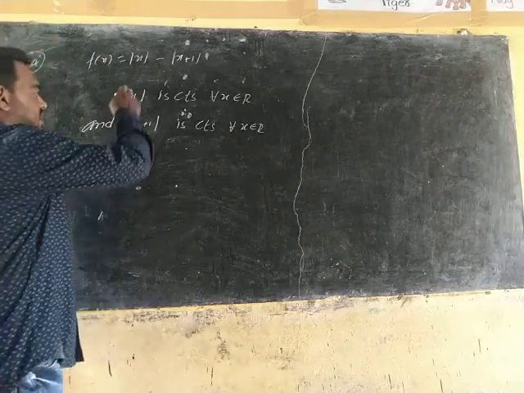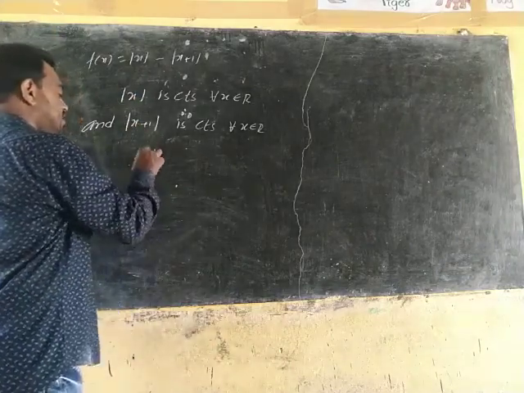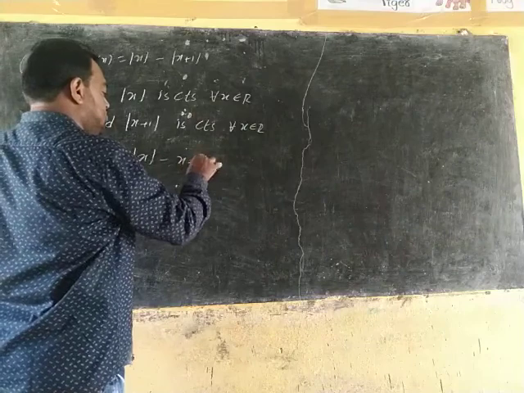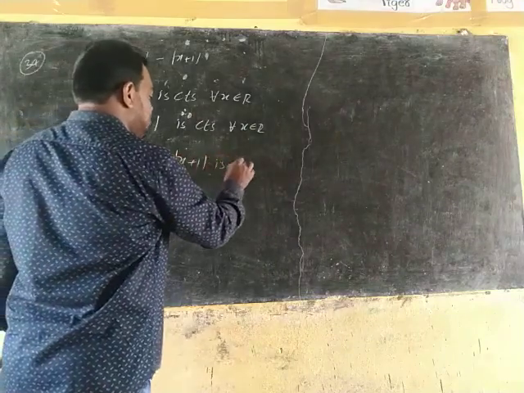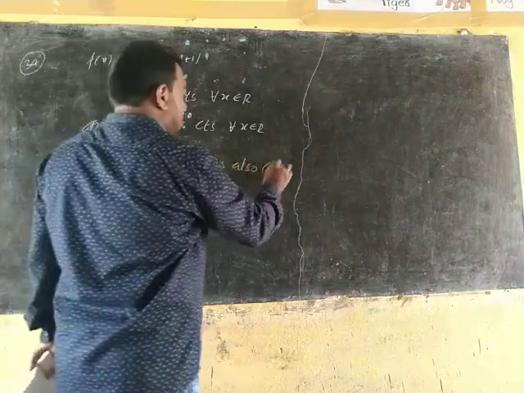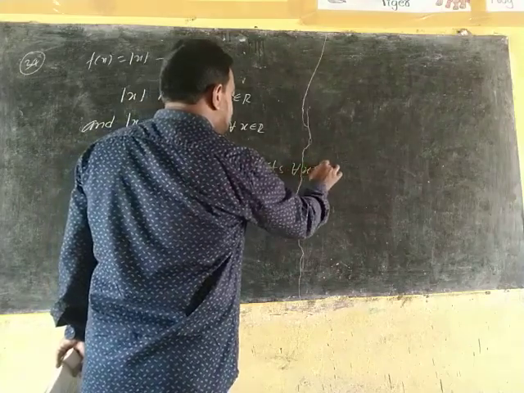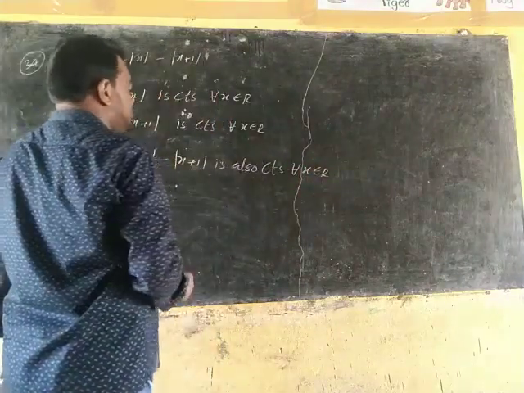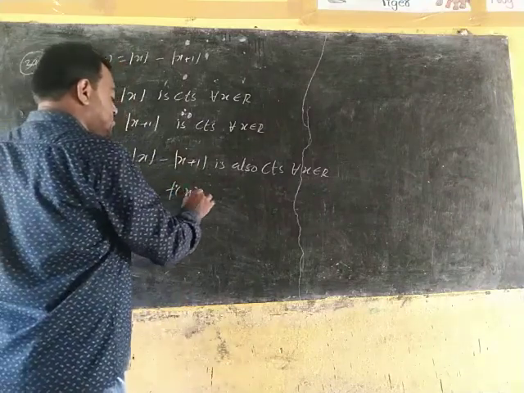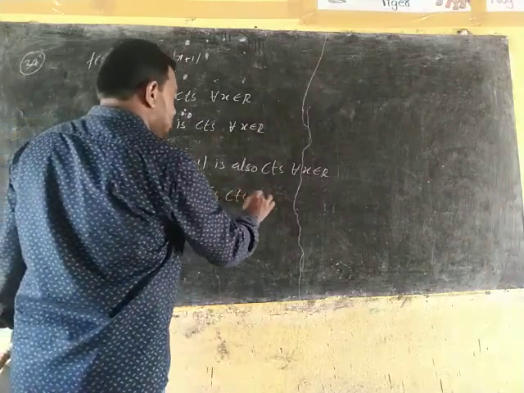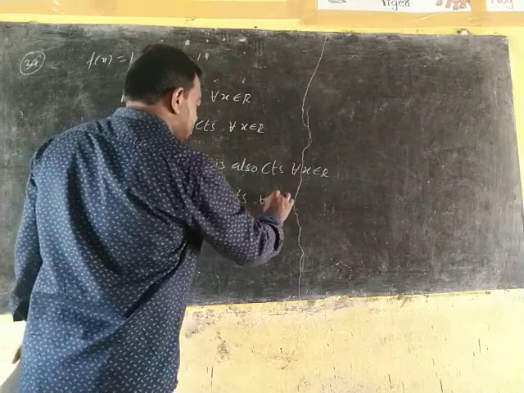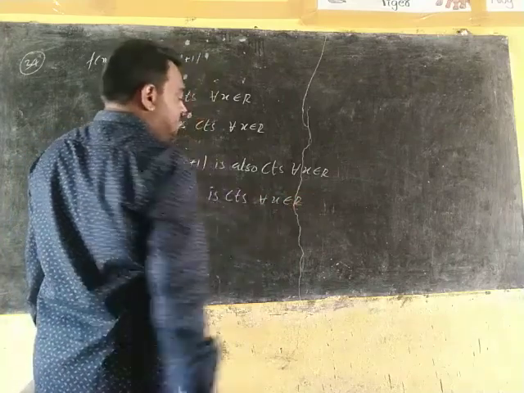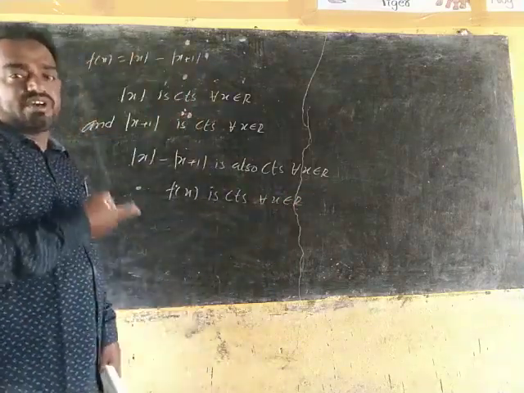So the subtraction function, that is mod x minus modulus of x plus 1, is also continuous for all x belongs to capital R. Mod x minus modulus of x plus 1 is nothing but f of x. So f of x is continuous for all x belongs to capital R.